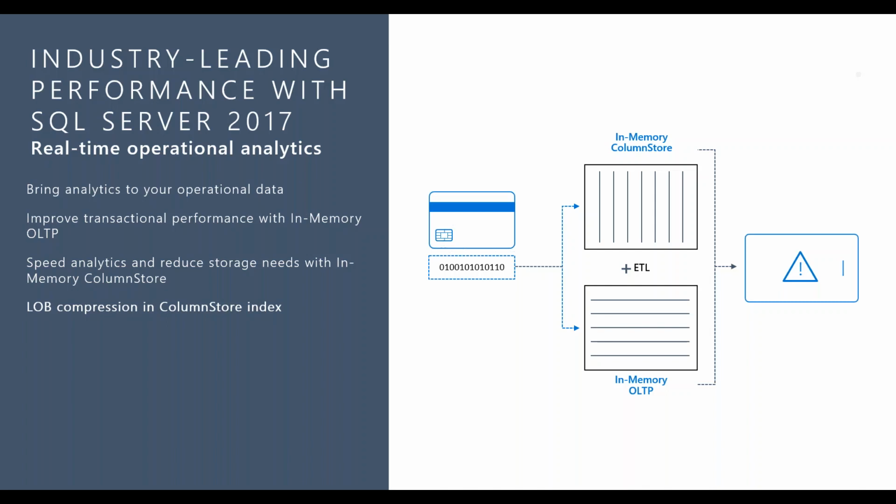Now, if I just want to see how a store is doing day by day, having that lag is fine. But what if I actually have a process that's looking for fraudulent behavior in credit card transactions? Well, I don't want to run that a day later and find out all of the transactions that had been fraudulent. I want to know when it's happening so that I can cancel a transaction and notify security immediately.